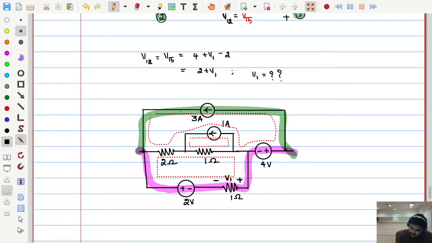In these three meshes you try to assume some clockwise currents: I1, and in the second mesh I2, and in the third mesh I3.